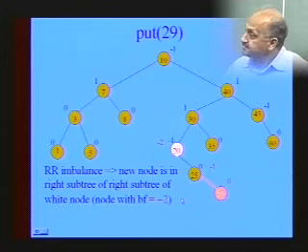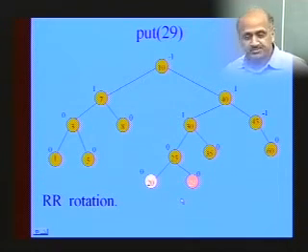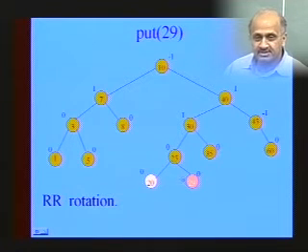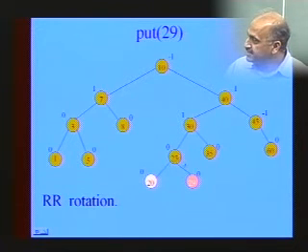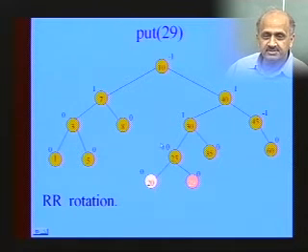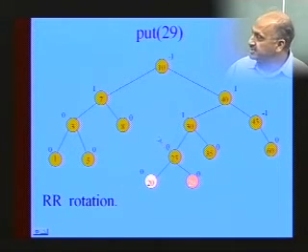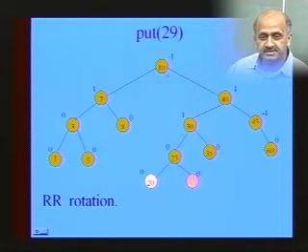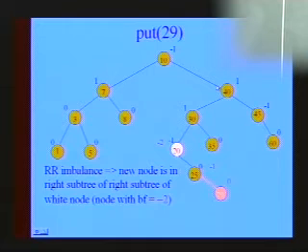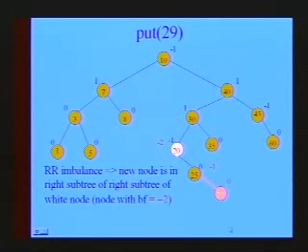Okay, so in this case you perform an RR rotation, and in this particular example, once you do the RR rotation, you find that the height of the subtree rooted here is the same as it was before the insert. So there's no need to go any further up the tree. If you compare with the previous picture, before you did the insert, the height of the subtree rooted at this position was 2.